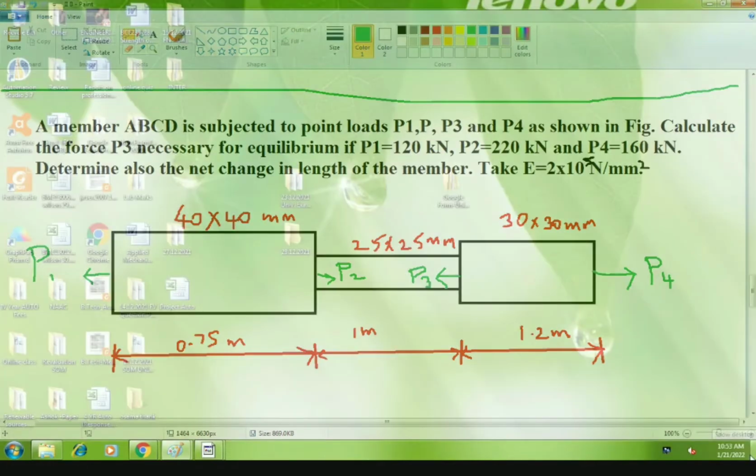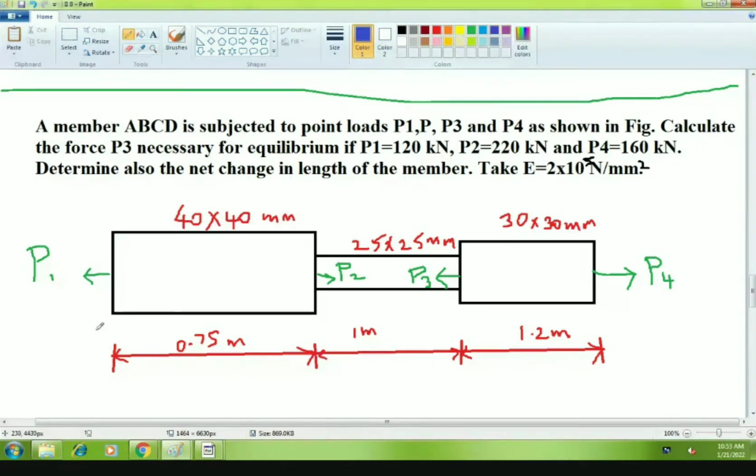Here we have the corners A, B, C of that object. So we can write the given data in the diagram itself. It is better to convert meter to mm.